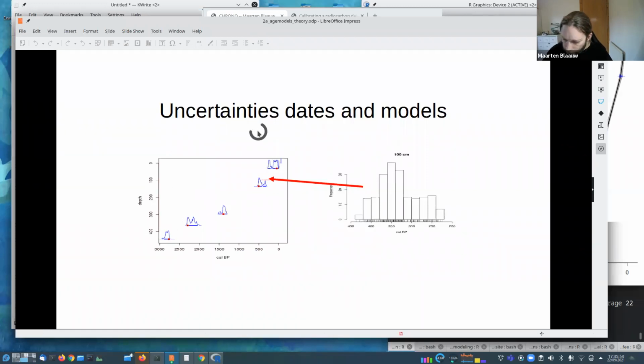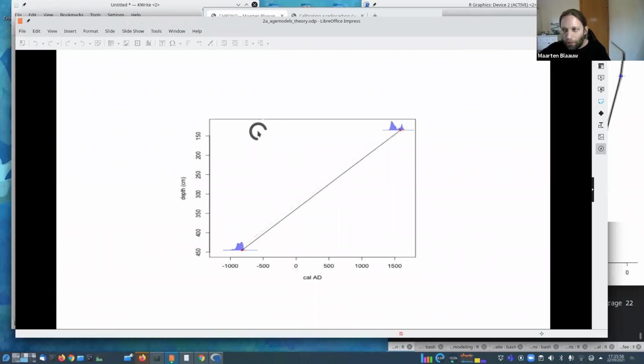Okay. Good. Now, the model here that we used was simply a smooth spline or something. Let's look a little bit more at the type of model we draw. In this case, we've got two calibrated dates, and we use this approach of sampling ages randomly from those dates, where more likely ages are more likely to be sampled. And then each time we draw a straight line between the dates.